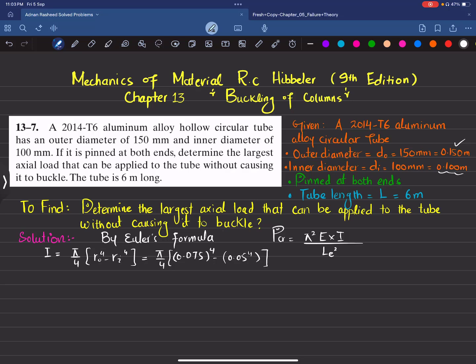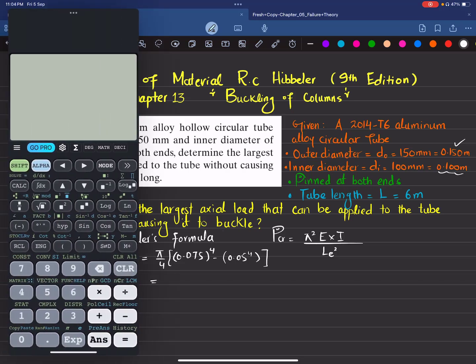Okay, so let's solve it. 0.075 power 4 minus 0.05 power 4, divided by 4, will give you pi multiplied by 0.1230456347, and the unit will be meter power 4.